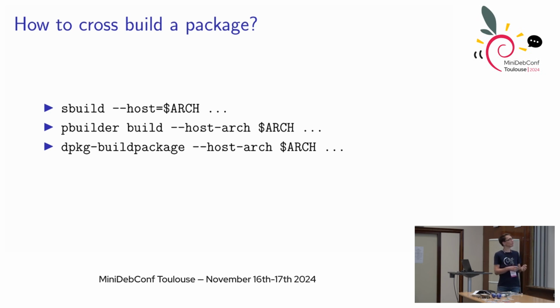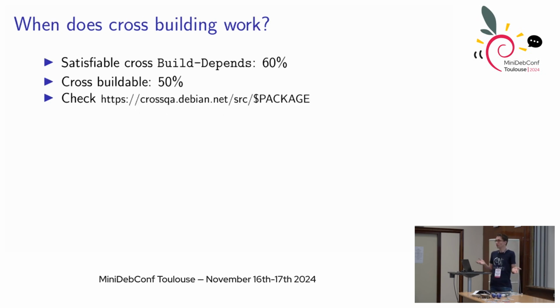Which leads us to the next question. When does it work? We have around 60% of packages which have satisfiable cross-build dependencies. This may sound little. We would assume that packages tend to have installable build dependencies. This is not the case for cross-building commonly.